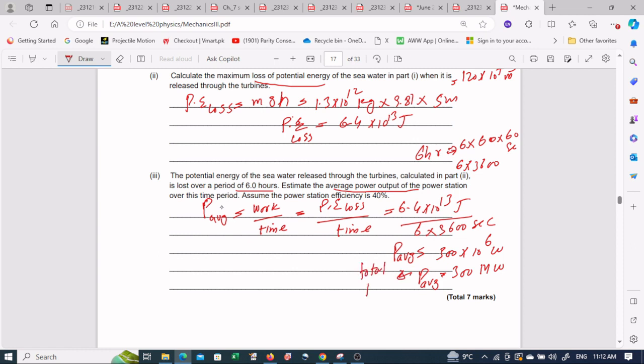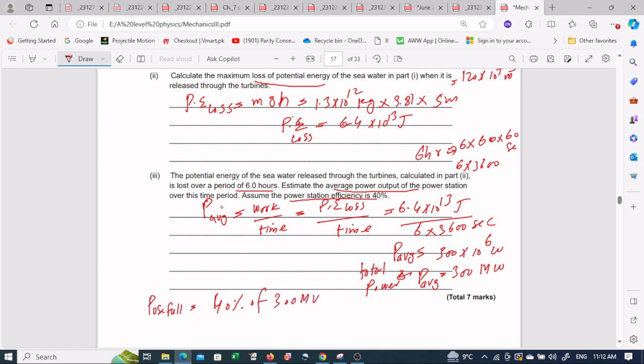This is the total power generated. Now, it is given that the power station efficiency is 40%, meaning it can convert only 40% of this power into useful power. So the useful average power output is 40% of this value.